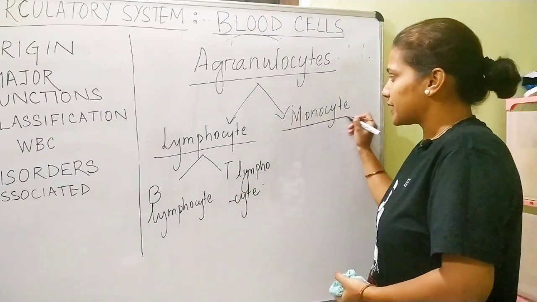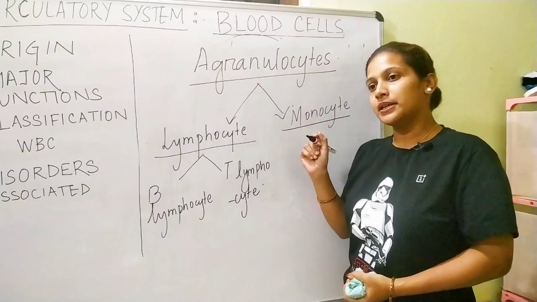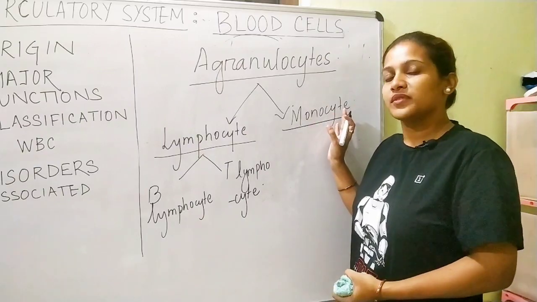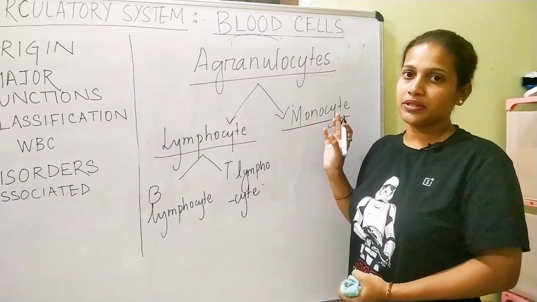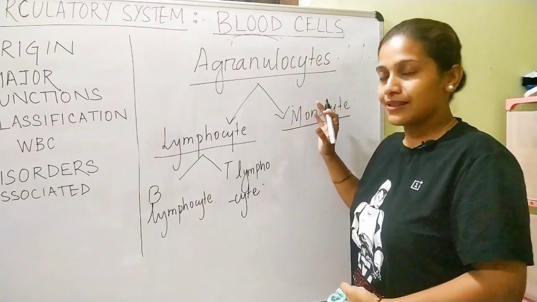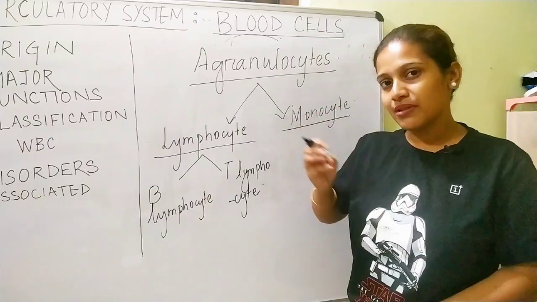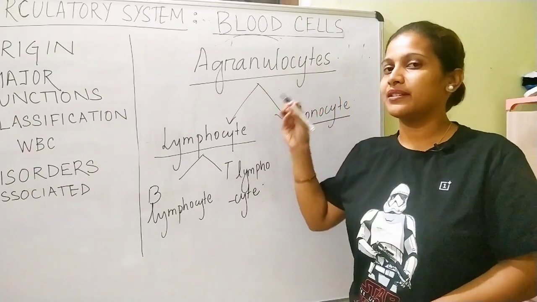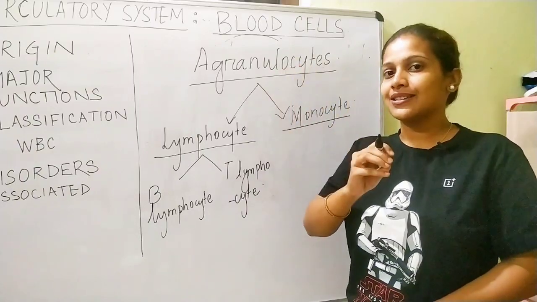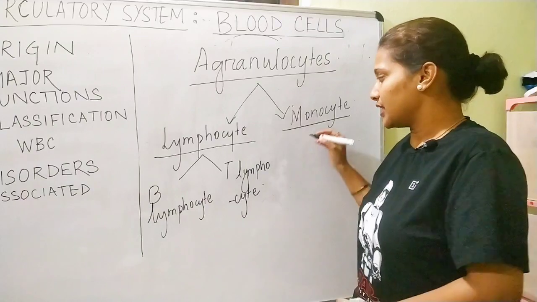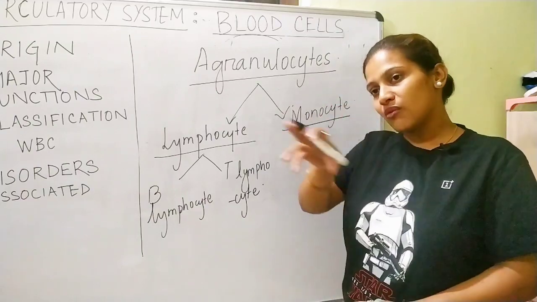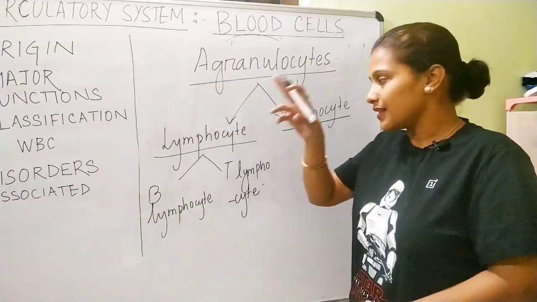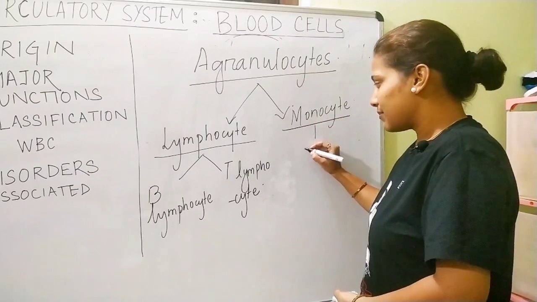Coming to monocyte. Monocyte, the basic functions are diapedesis and phagocytosis. Once it gets a clue that around the monocyte some sort of bacterial pathogen or an antigen has got inside, it will start migrating towards that particular region. That process is called diapedesis.